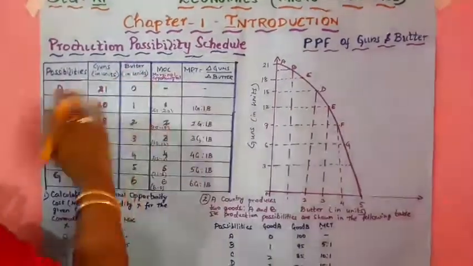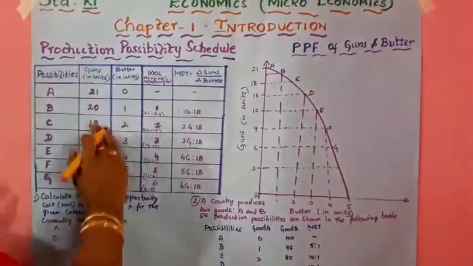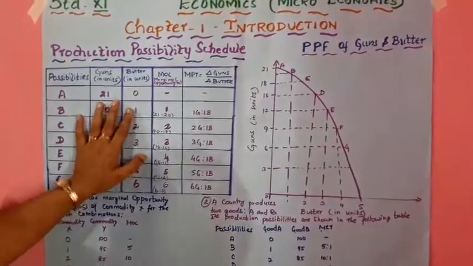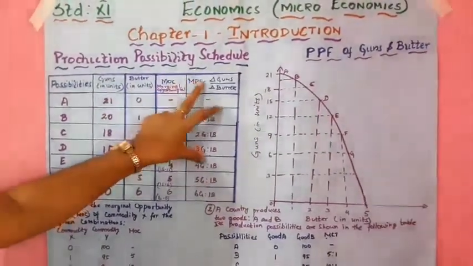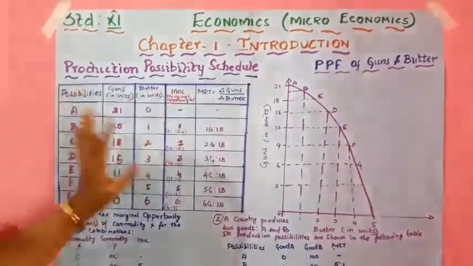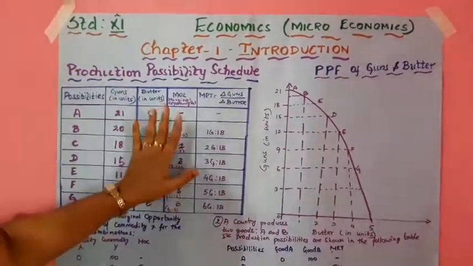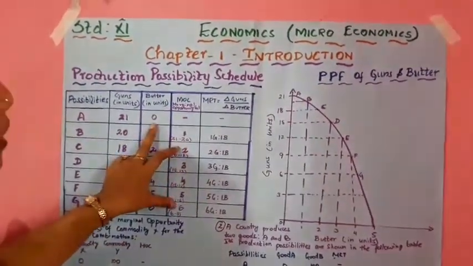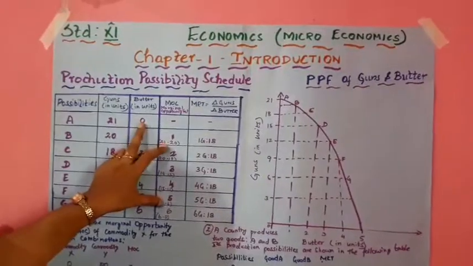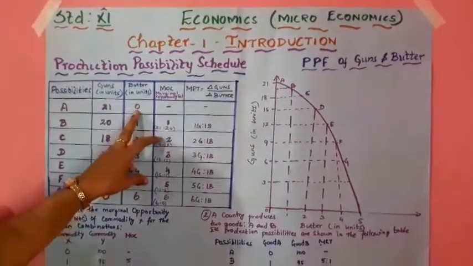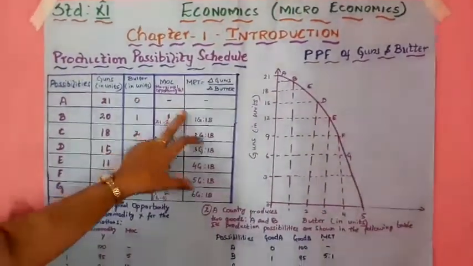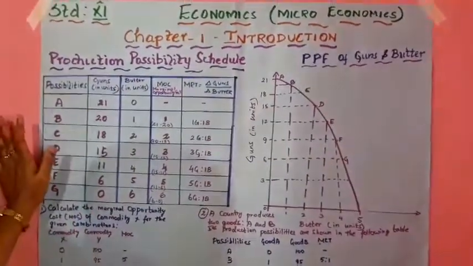Okay, so this is the production possibility schedule, and they will ask you in the question to find out the MOC as well as MRT, like that. Whatever you are going to find out, you have to say that for the first point, if the butter is 0, the MOC and MRT will be 0.